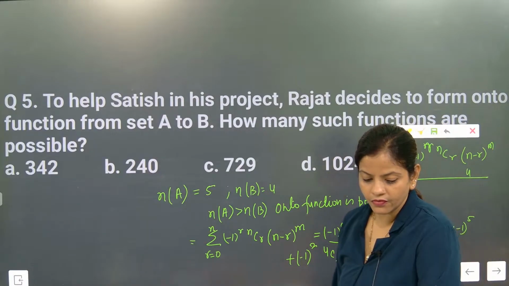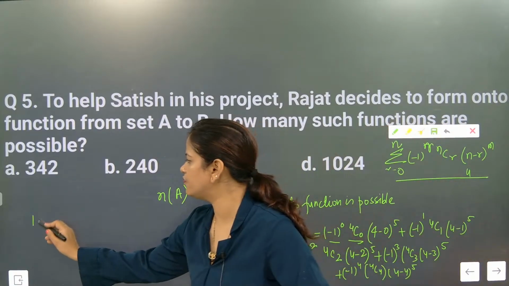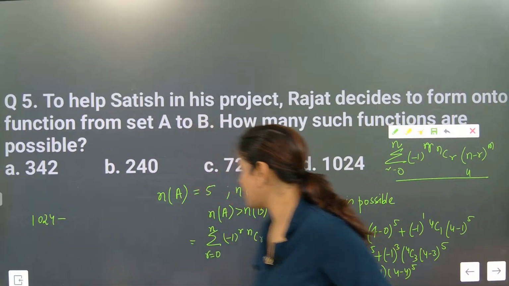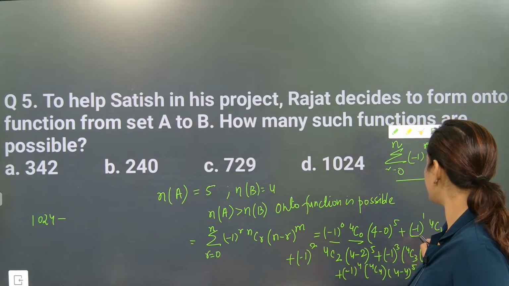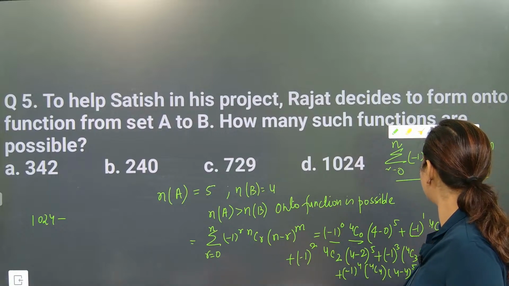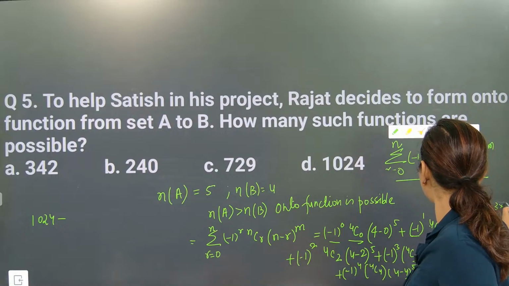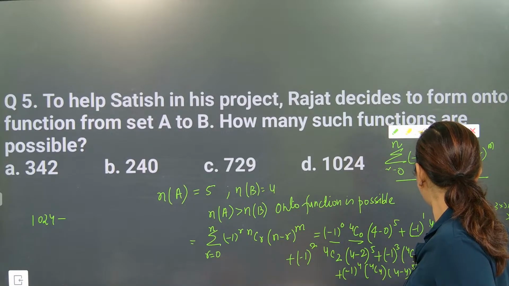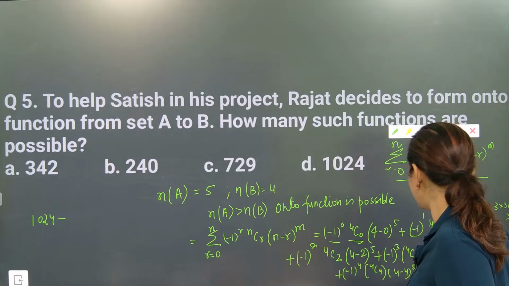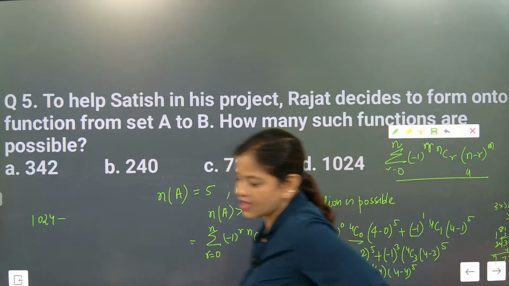Now the second term is negative: 4 times 3 to the power 5. 3 to the power 5 is 243, and 243 times 4 gives 972. So here it will become minus 972.